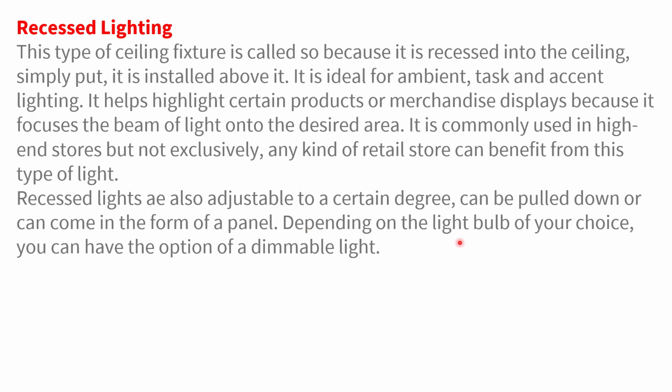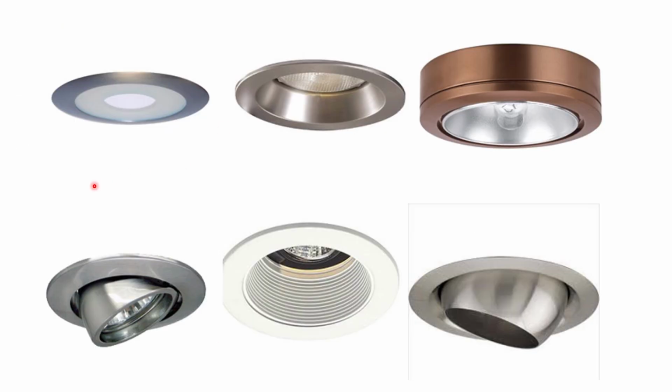Depending on the light bulb of your choice, you can have the option of dimmable lighting. A number of recessed type of fittings are shown in this particular slide, of which here you can see it can be angular adjustable type, here and here also.